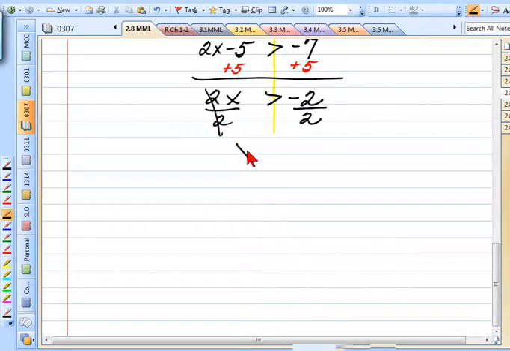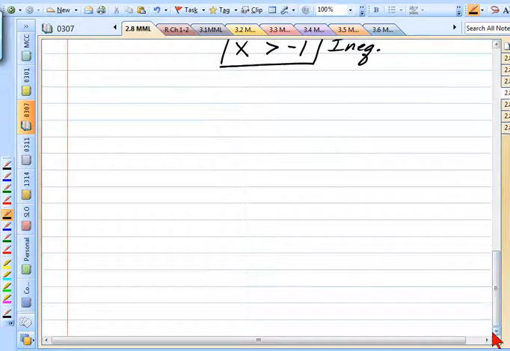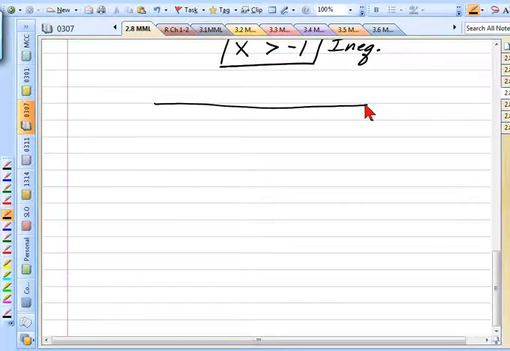Now that's my answer as an inequality. It will be your job in Math Lab to then figure out about its graph. So I'm going to go ahead and draw a number line. Doesn't look very good, but all right. What is the number I need to make sure is visible on my number line?